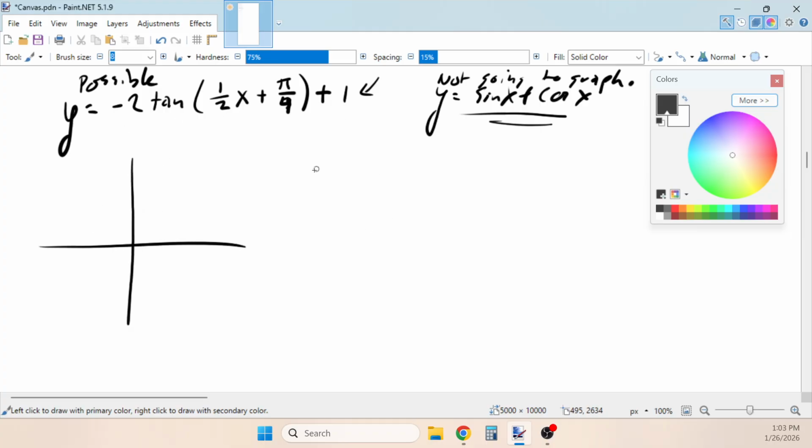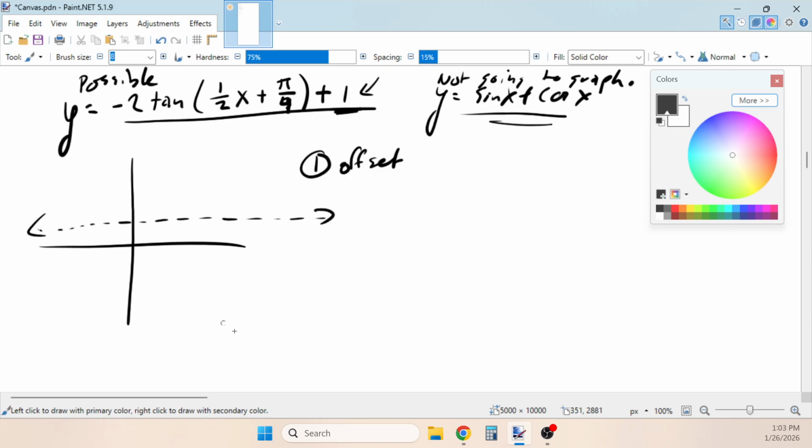Here are my steps. Number 1, find the offset. Offset is going to be that number when you're in this form. So my offset is up 1. I will do that. Next, I find the amplitude.